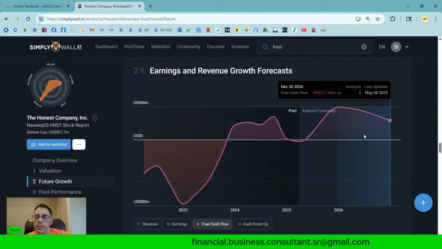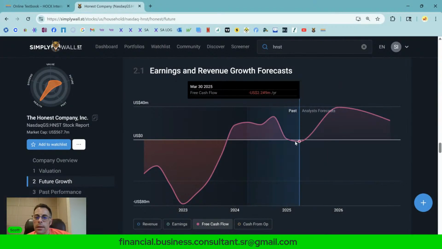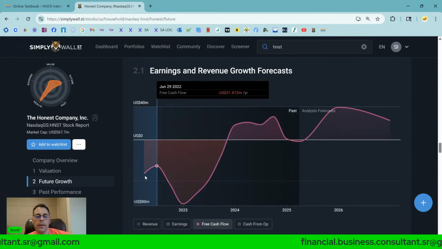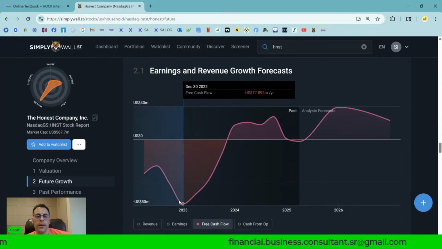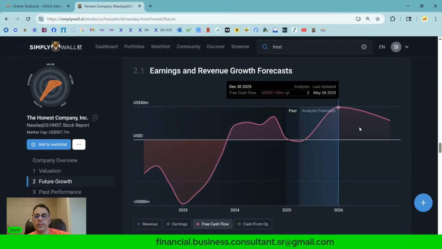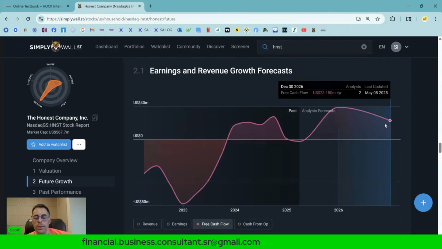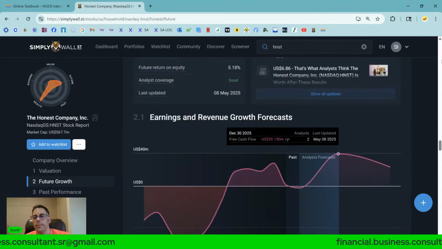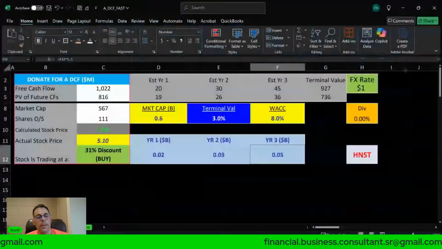They did have negative free cash flow in the trailing 12 months. It was positive before that, but really, really in the red in 2022. So really, can they get back up to positive free cash flow?